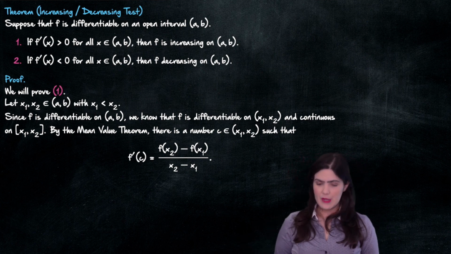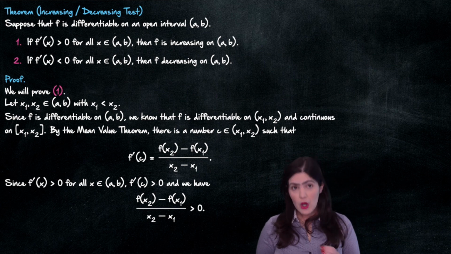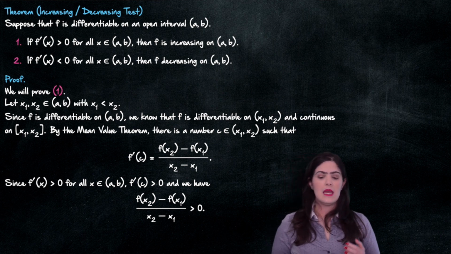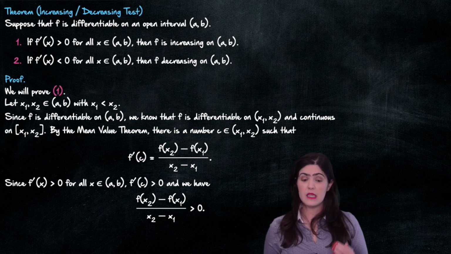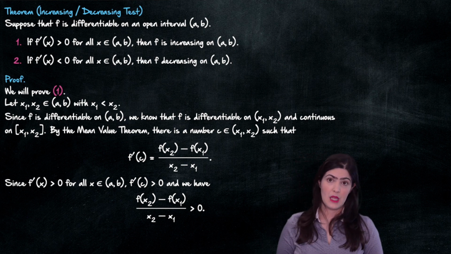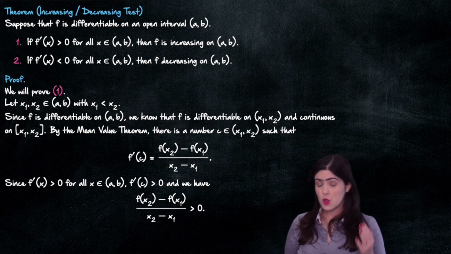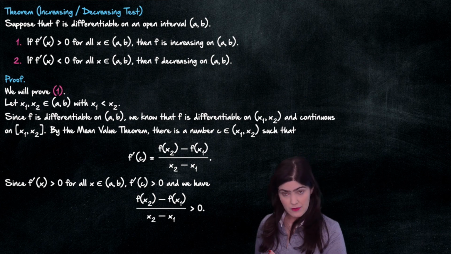Now we know that the derivative is positive for all x in the interval (a, b). So that tells me that f'(c) has to be positive. So (f(x2) minus f(x1)) over (x2 minus x1) is positive.